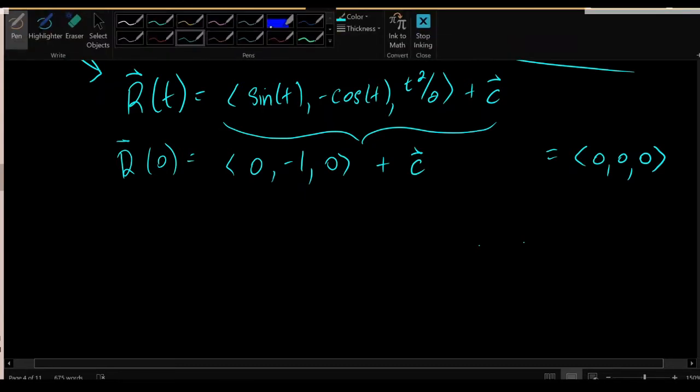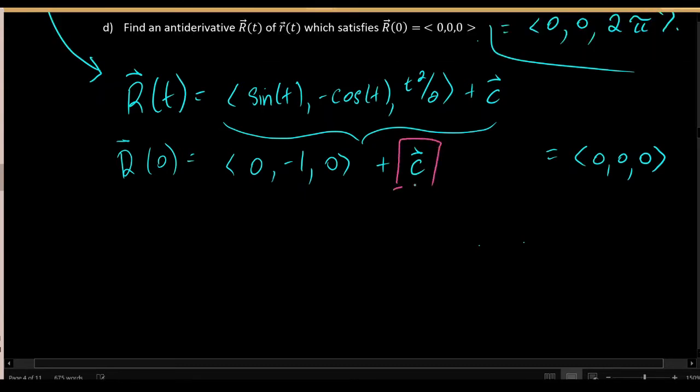And that's where this vector of constants becomes so essential. The vector of constants is necessary to get an antiderivative which satisfies this specific initial condition.